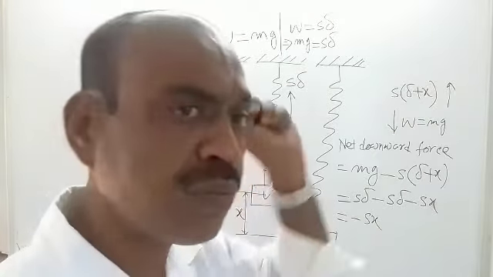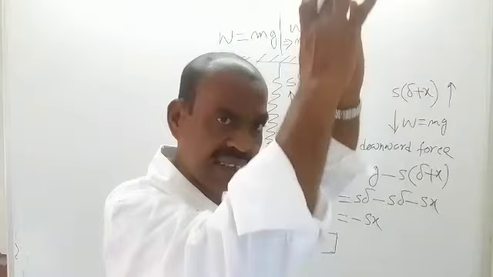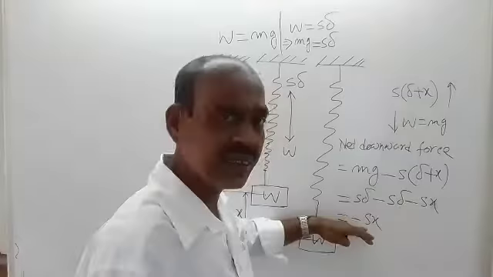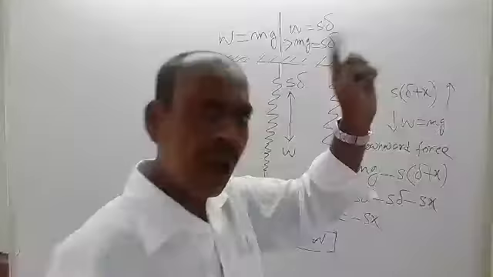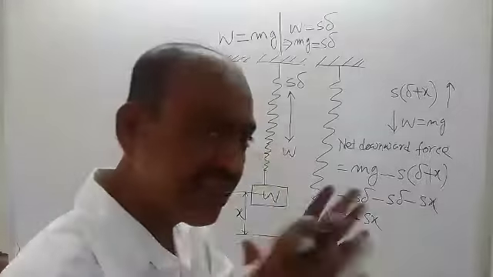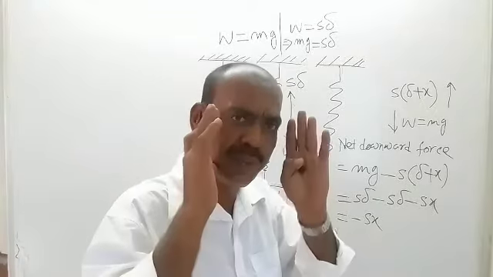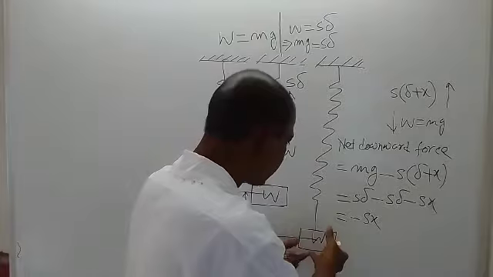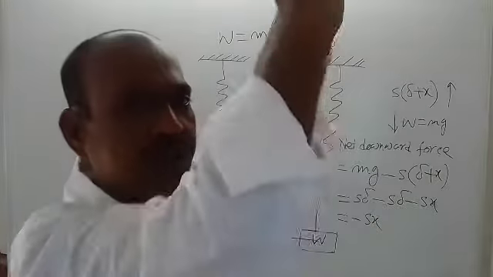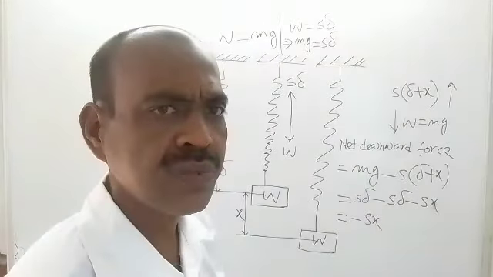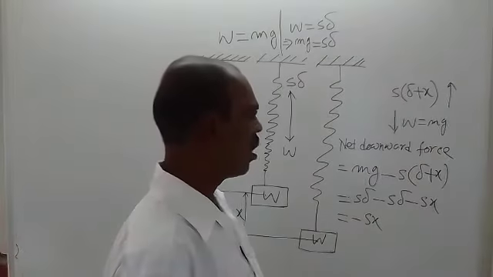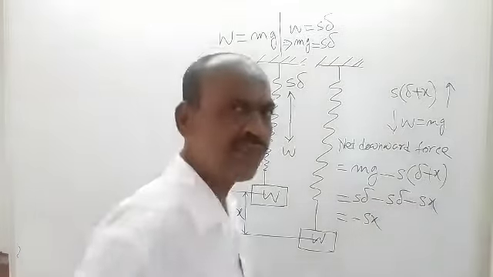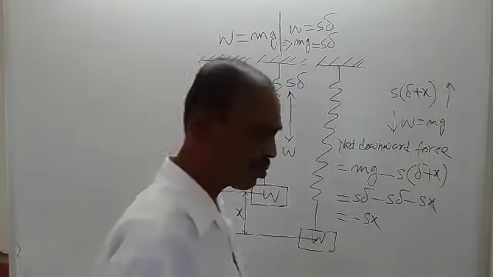This is negative SX, that means the force is acting in the upward direction, and the magnitude of that force is S multiplied by X. And due to the presence of that force, the weight will start moving in the upward direction. Okay, fine. So this is the resultant force.